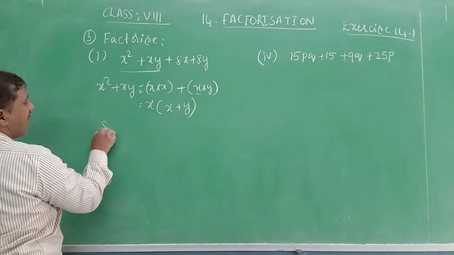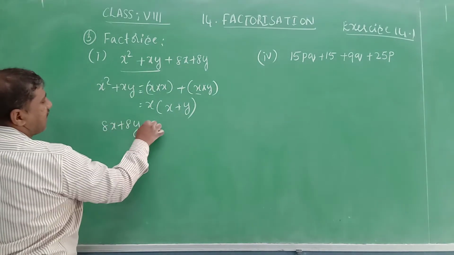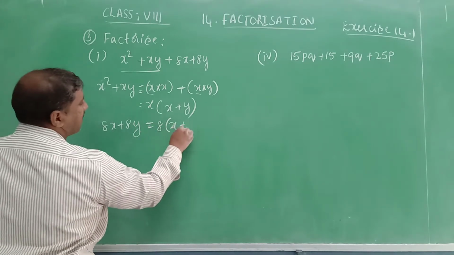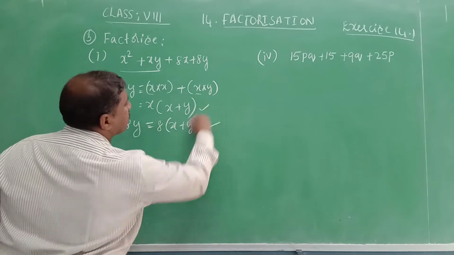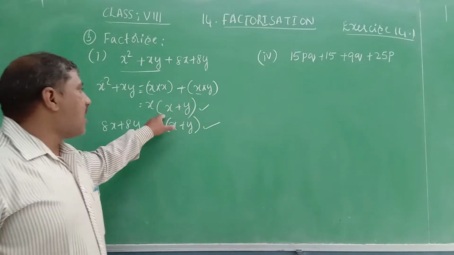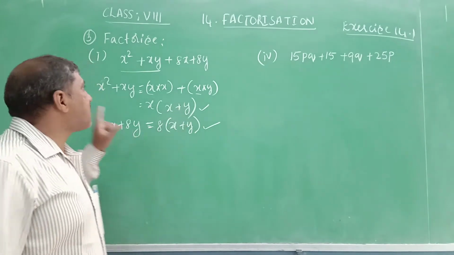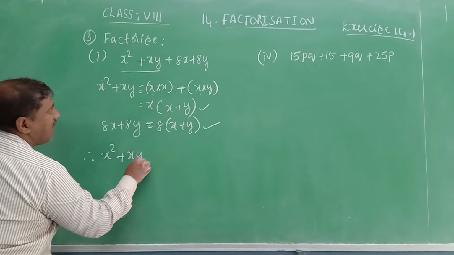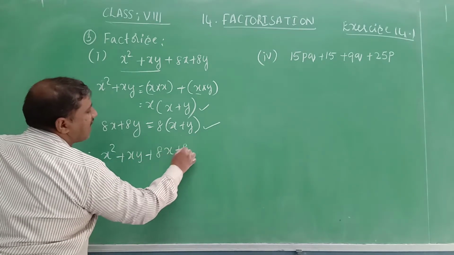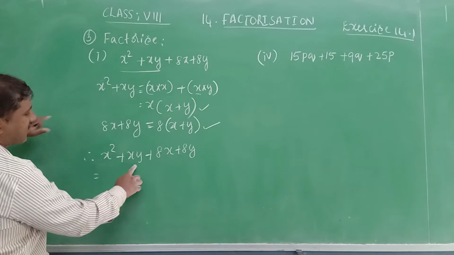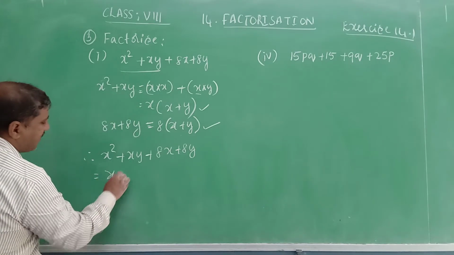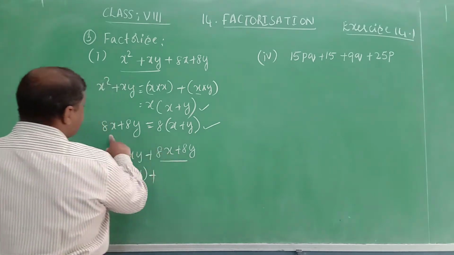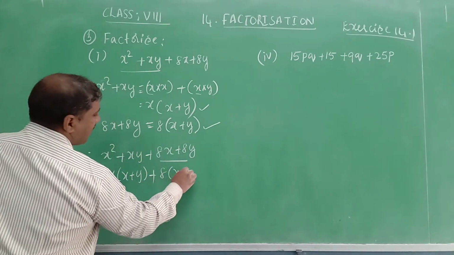Similarly, from 8x plus 8y, 8 is common. Take 8 common, then what is left? Yes, x plus y. Now if you observe these 2 factors, we have x plus y and x plus y common. One common factor is there. Therefore, you can write x square plus xy plus 8x plus 8y as x square plus xy, which is x into x plus y, plus 8x plus 8y, which is 8 into x plus y.